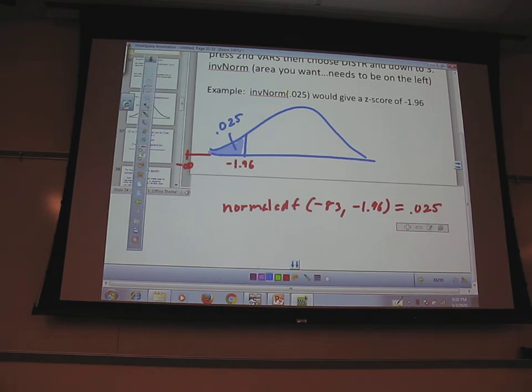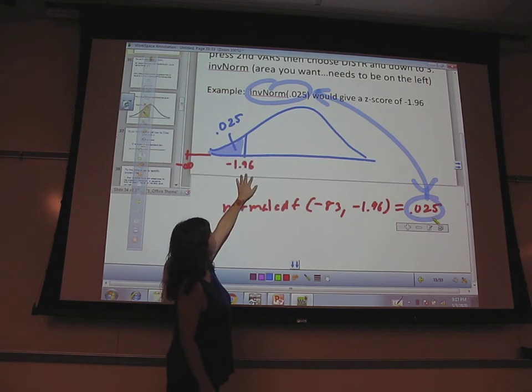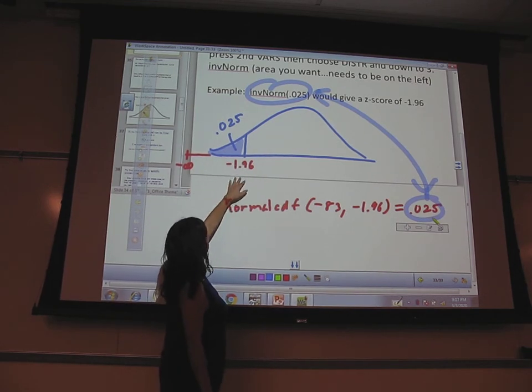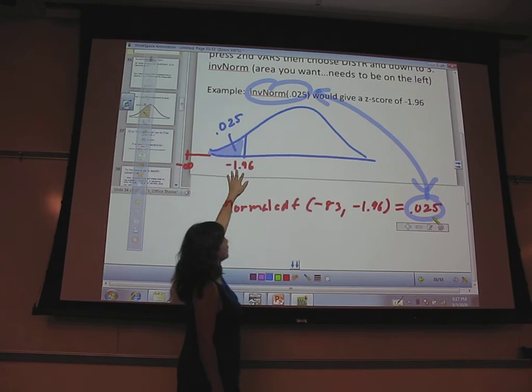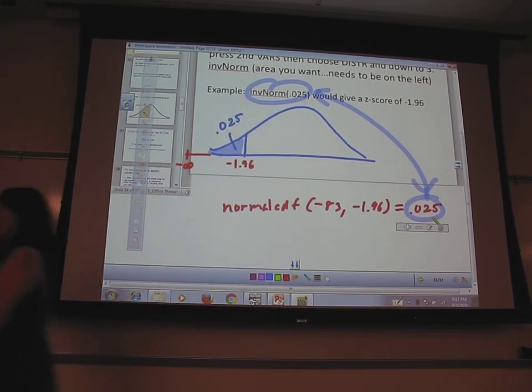This guy and that guy will be the same because they undo each other. Right? So inverse norm of 0.025 gives me this z-score. Normal CDF from negative infinity to that z-score is going to get me back to 0.025.